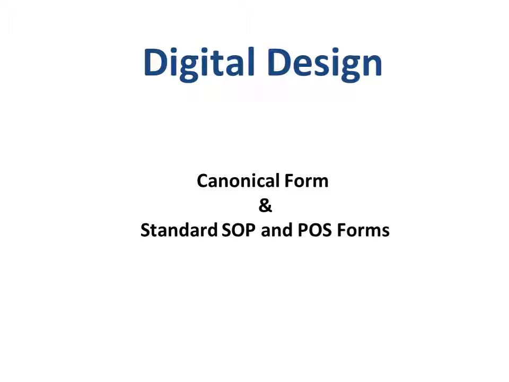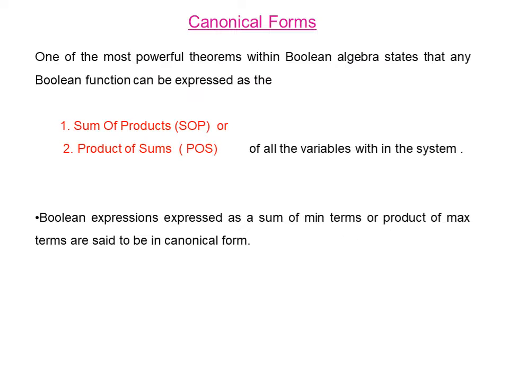In this video, the standard SOP and POS representation of logical expressions are discussed. Generally, the Boolean functions can be expressed as sum of products form, that is SOP, or product of sums form, that is POS, of all the variables within the systems.